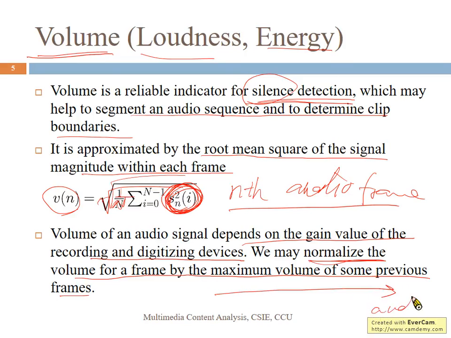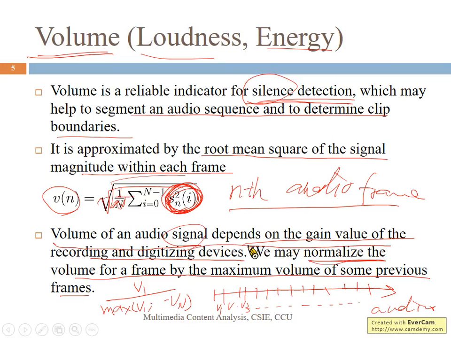For example, this is an audio, and we may segment it into many audio frames, and we can calculate the volume values V1, V2, V3, and so on for each frame. And remember to divide V1 by the maximum value of V1 to Vn. This is called the normalization process. This is necessary because the volume of an audio signal depends on different capture devices. So remember to do normalization, then you can compare different audio signals.